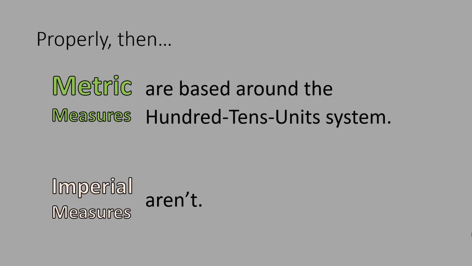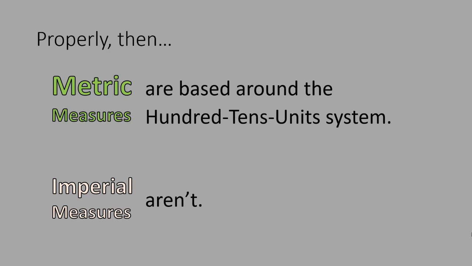The metric system was deliberately designed to be nice and easy to use, to all fit together nicely, to be based around these tens, hundreds, thousands, the powers of 10. Because lots and lots of things in maths are, and we like tens, we count in tens.